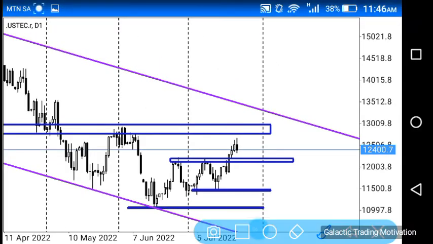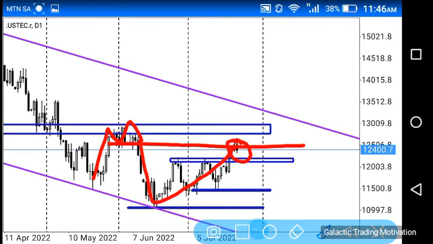In the previous video, I also spoke about how we had an M structure there, and I mentioned that we had a neckline there, and that the M structure's neckline needed to be tested by price. So can you see that price went back to retest that neckline of that M structure?